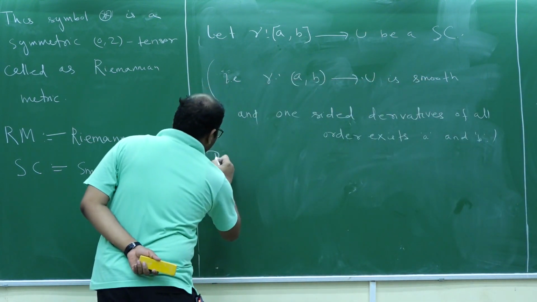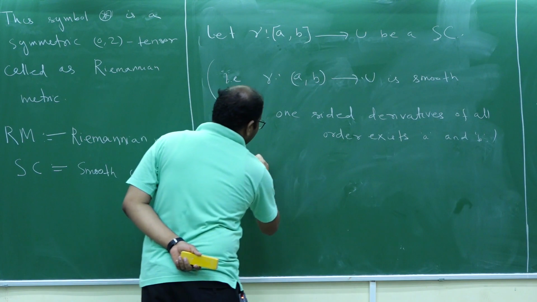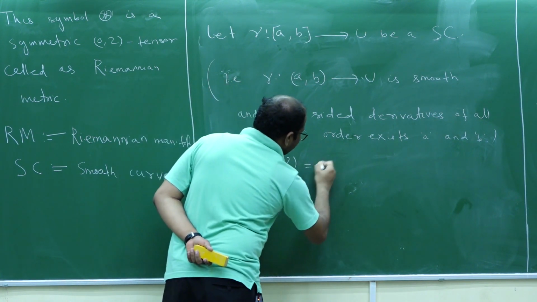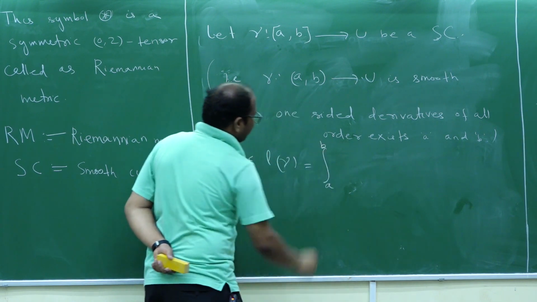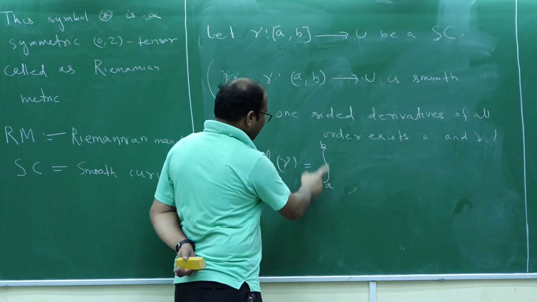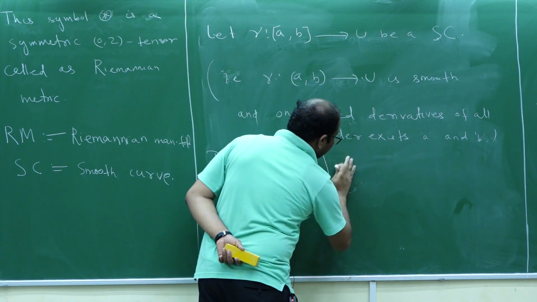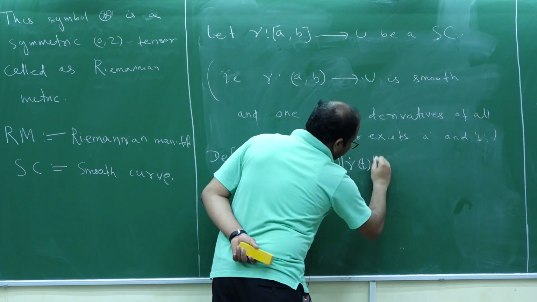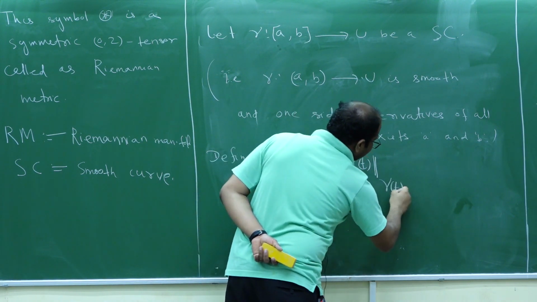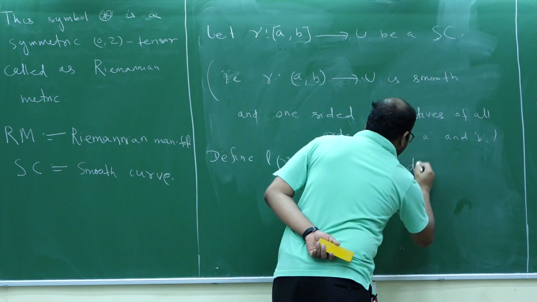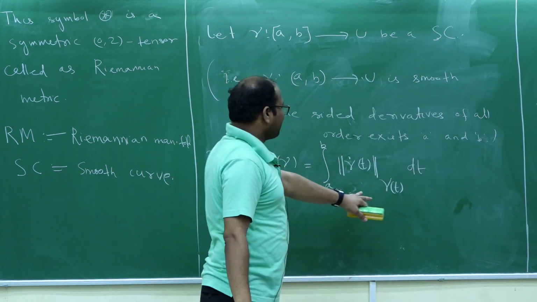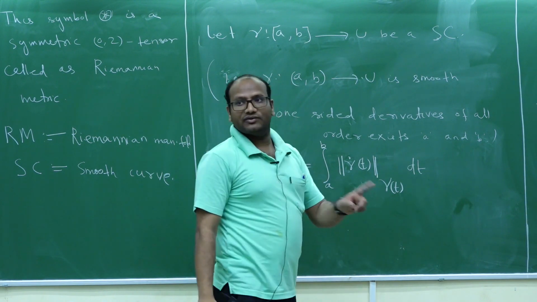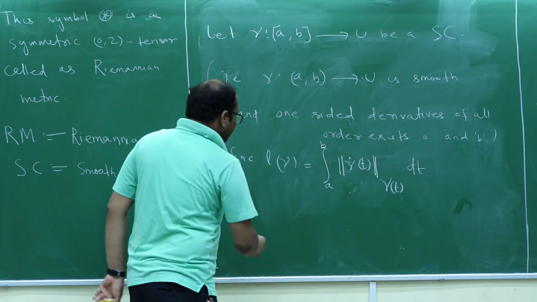The length of gamma is the integration from A to B of the norm of gamma dot t, and this norm is measured in the tangent space at gamma of t.